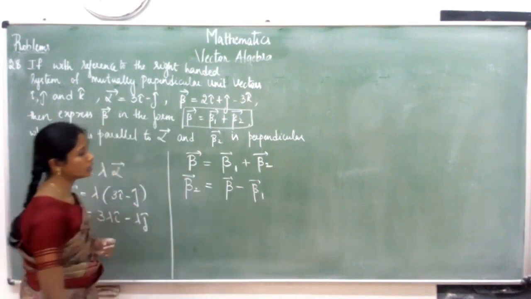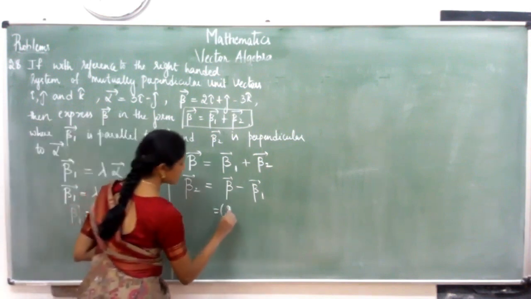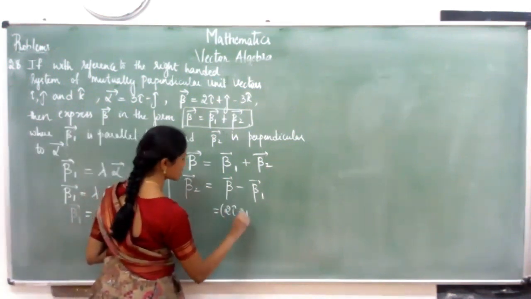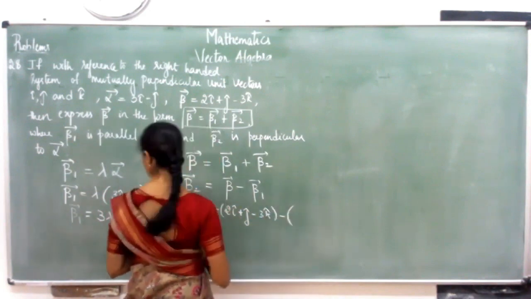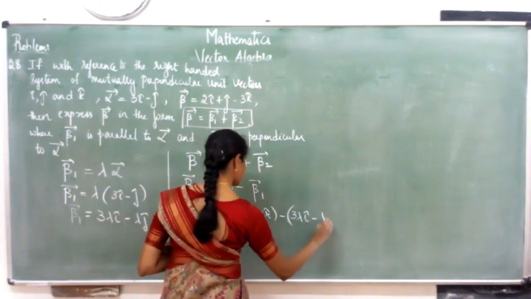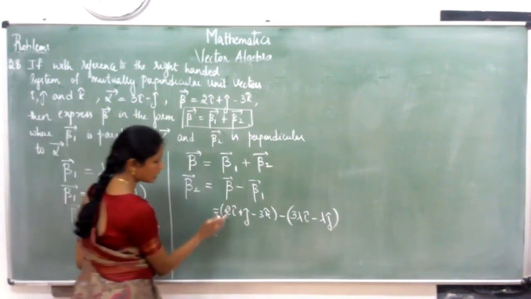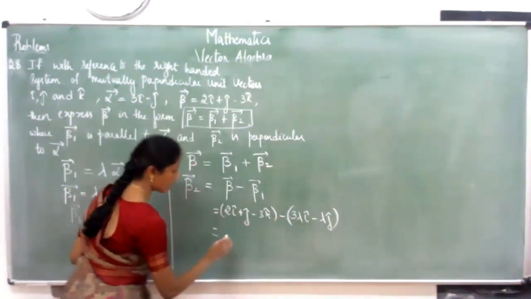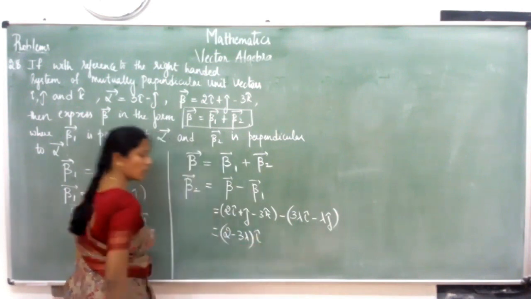So this will be equal to vector beta, which we already know is 2i cap plus j cap minus 3k cap, minus vector beta 1, which is given by 3 lambda into i cap minus lambda into j cap. Simplifying, you will get 2 minus 3 lambda into i cap.